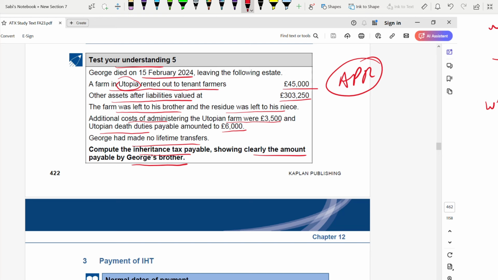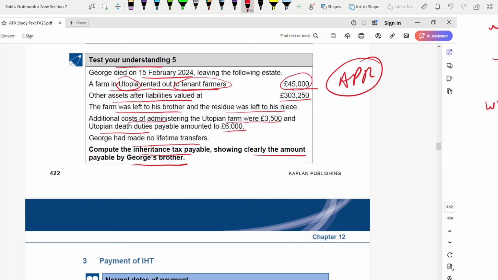What about BPR? You might say, what about BPR? BPR will also not be available on the farm because it's a tenanted farm. Tenanted farm is an investment asset, not a trading one. So even BPR will not be available. This you have to write. So how much is the farm? 45,000.